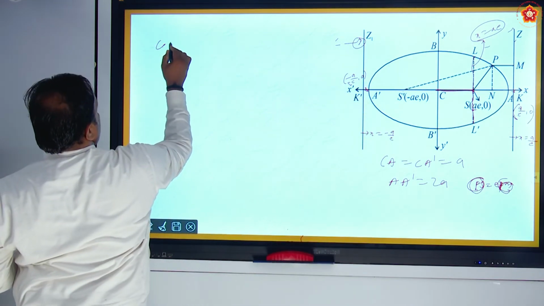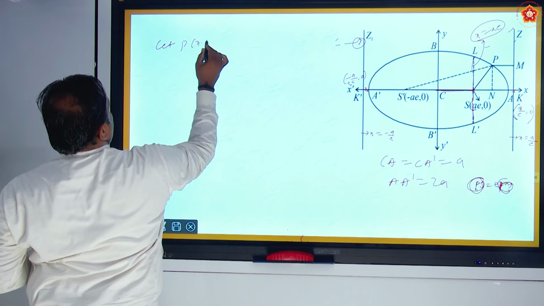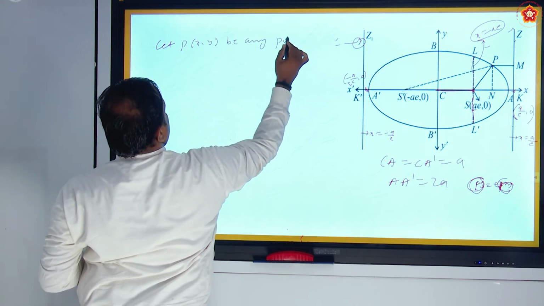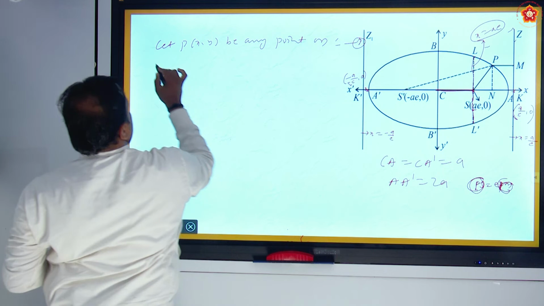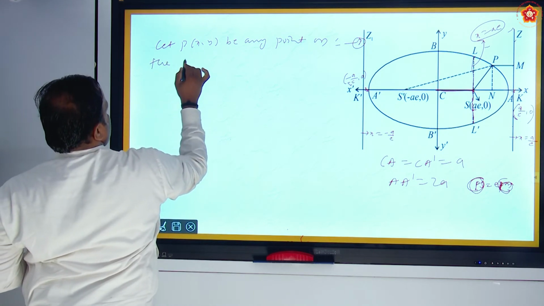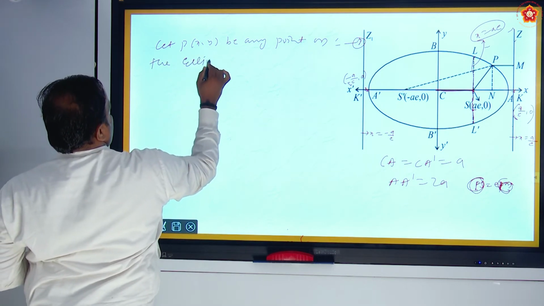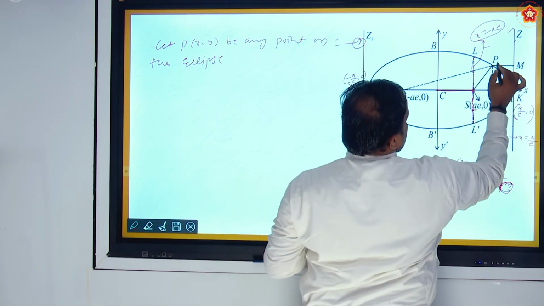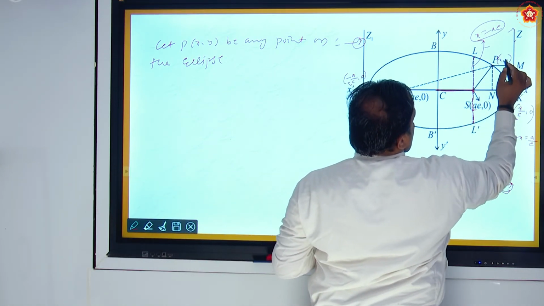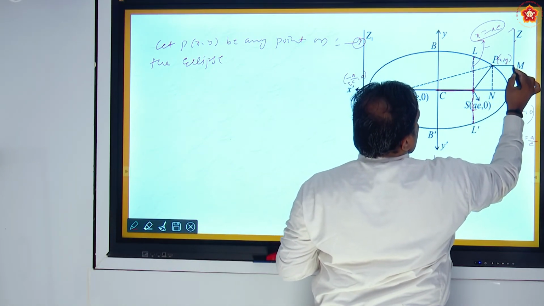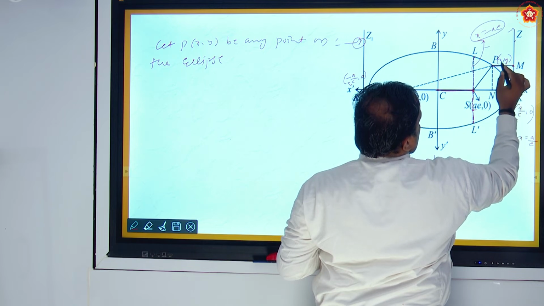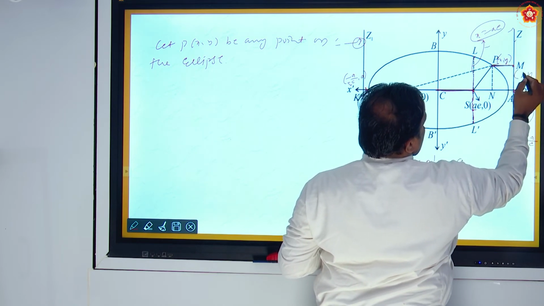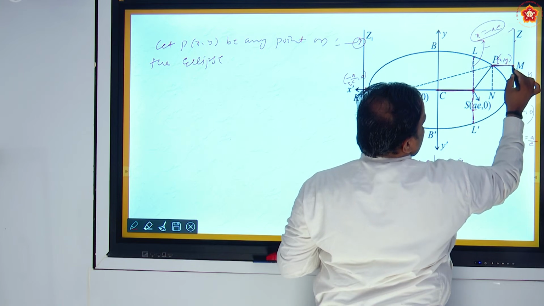Let P(x, y) be any point on the ellipse. What about this point M's coordinates? Suppose here is y, so the M coordinate here is also y. What about the x coordinate here?